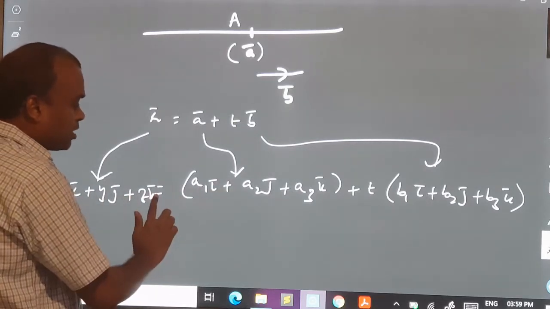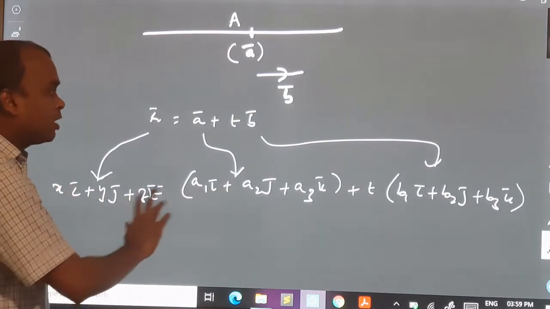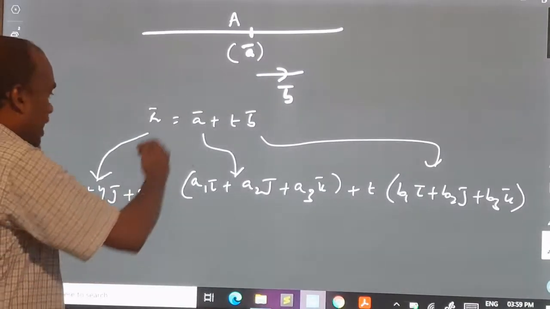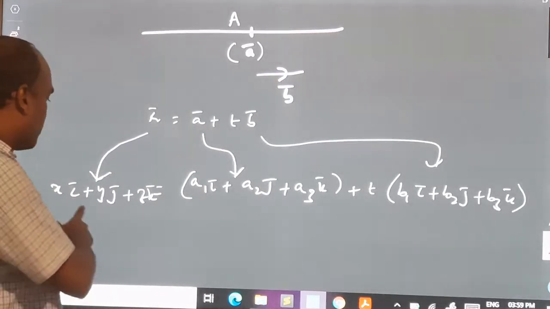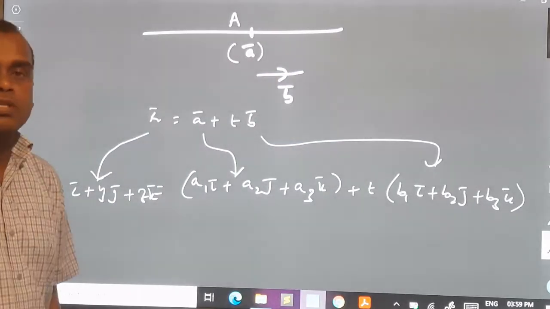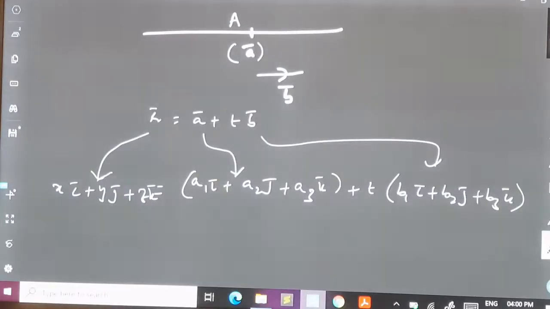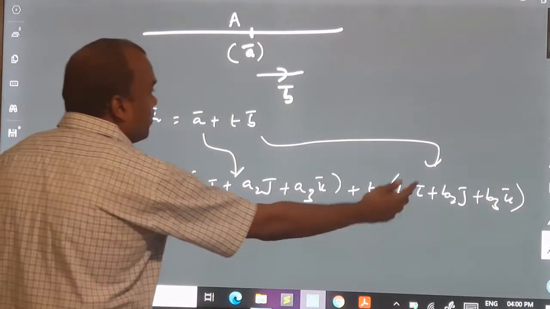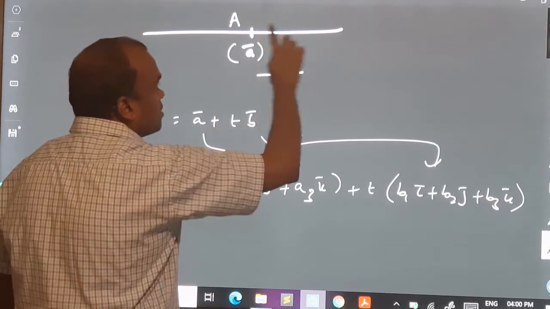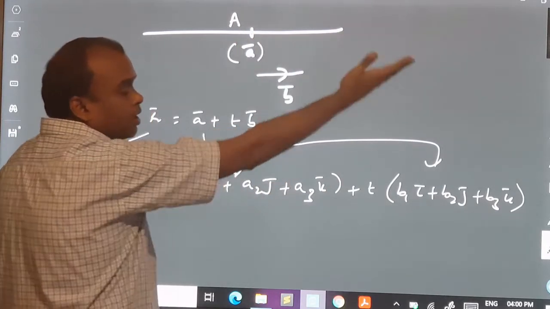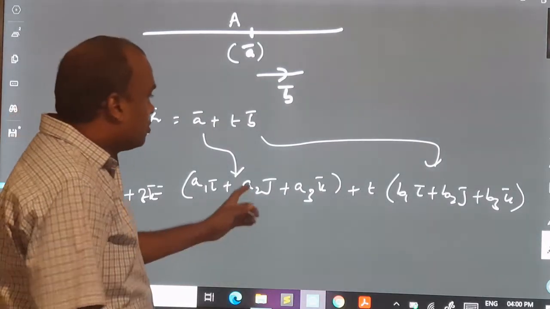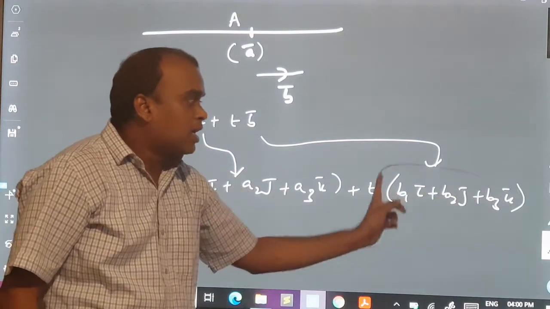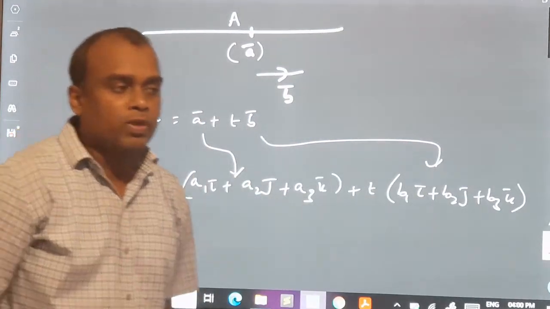Because we have two vectors with an equal sign in between, we can equate the corresponding components, and you will get the points on the line as an ordered triad x, y, z, which is the same as x i bar plus y j bar plus z k bar. One more point I told you: if you want the point at a distance of r units from here, you not only give t equal to r, you should also keep B bar as a unit vector. Don't forget that.